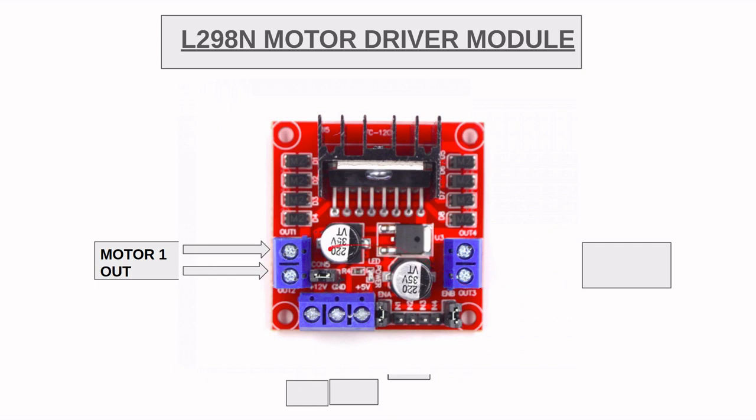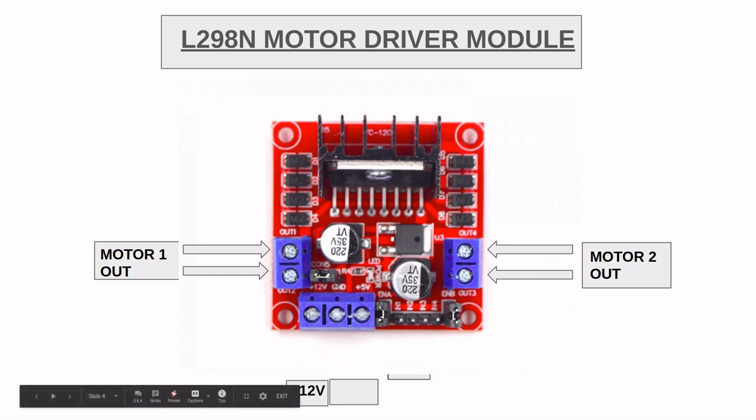Motor 1 output is out 1 and out 2. Motor 2 output is out 3 and out 4. These two will be connected to motor 2.